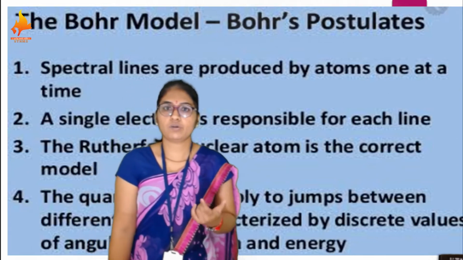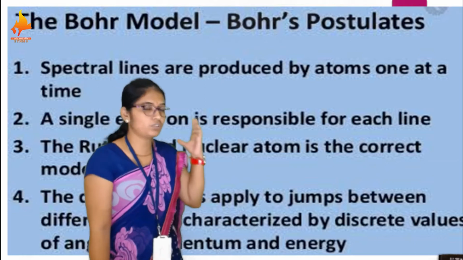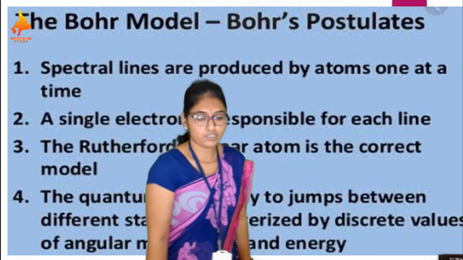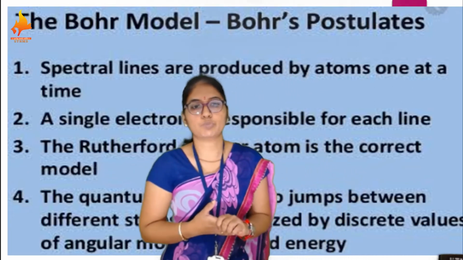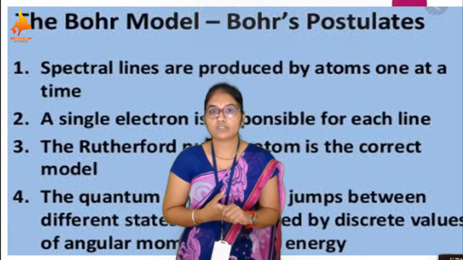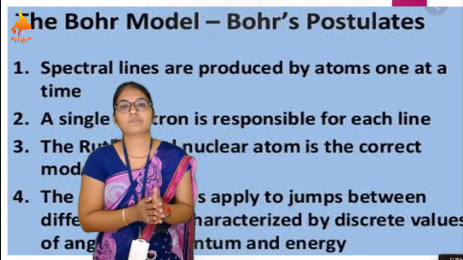Then he modified the Rutherford model. In the Rutherford model only the position of the nucleus was given, but the modification was done by Niels Bohr. The quantum laws also apply to this structure of the atom given by Niels Bohr.